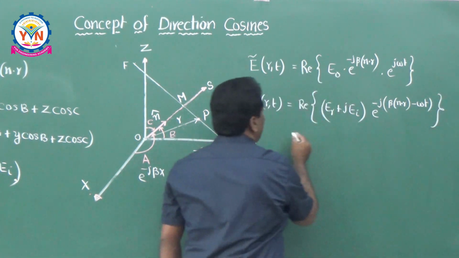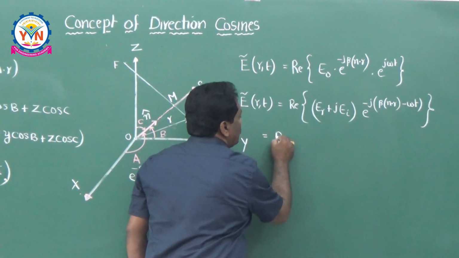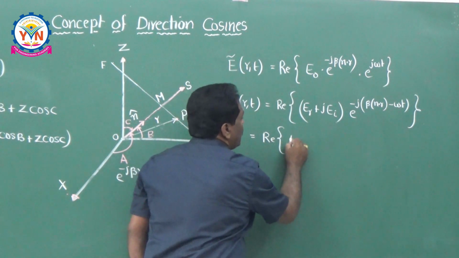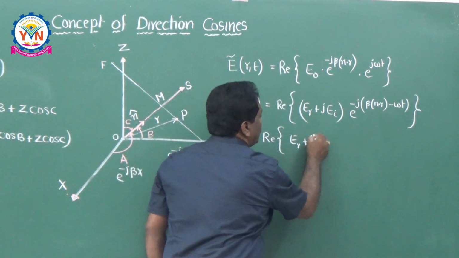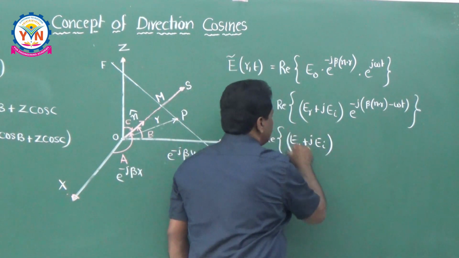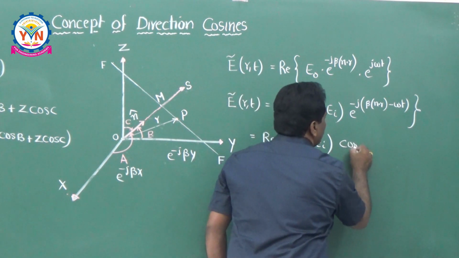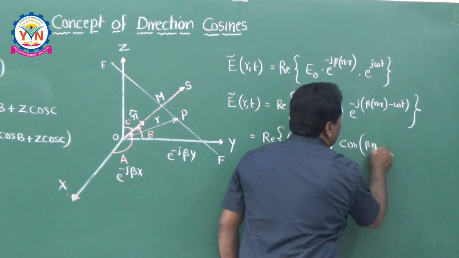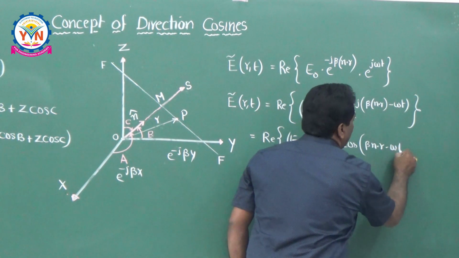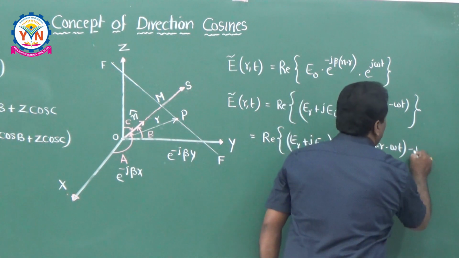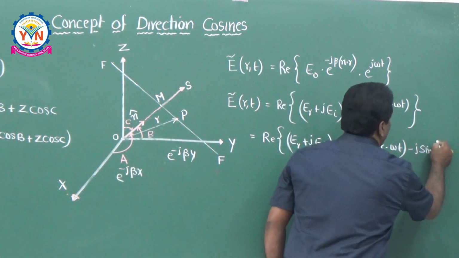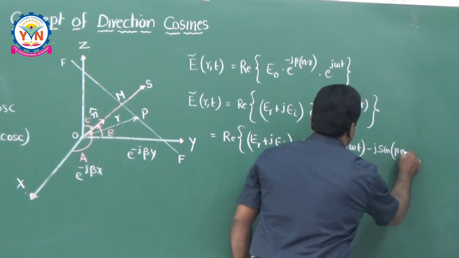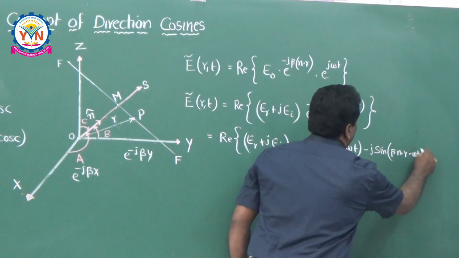So this is equal to, take the real part of it, er plus j times ei into cos of beta n dot r minus omega t minus j into sin of beta n dot r minus omega t.